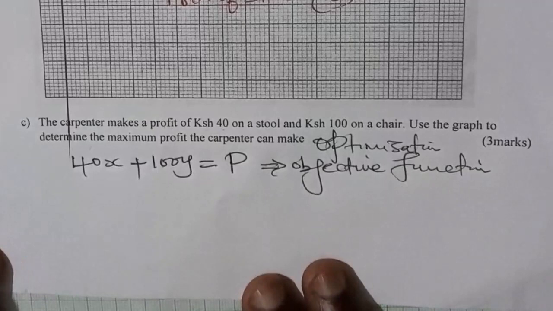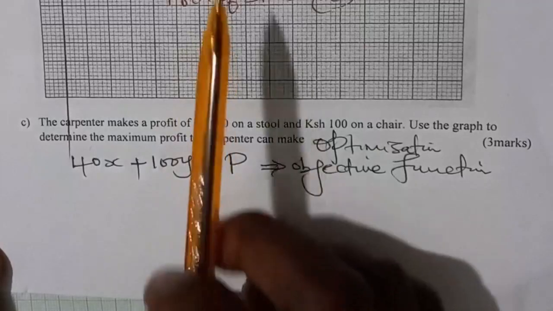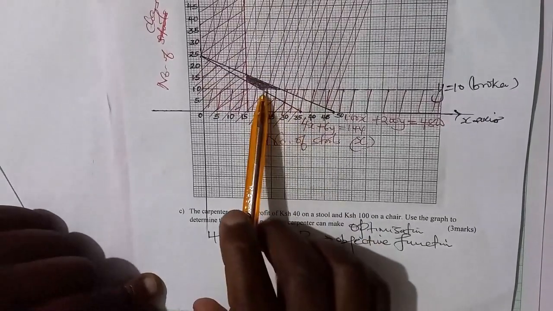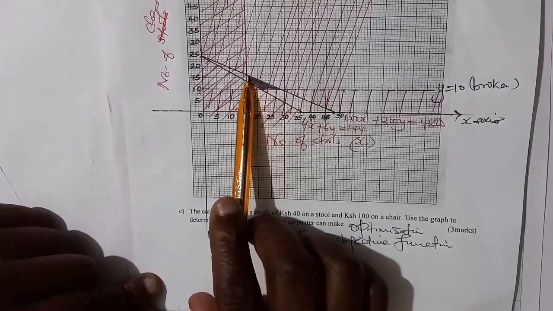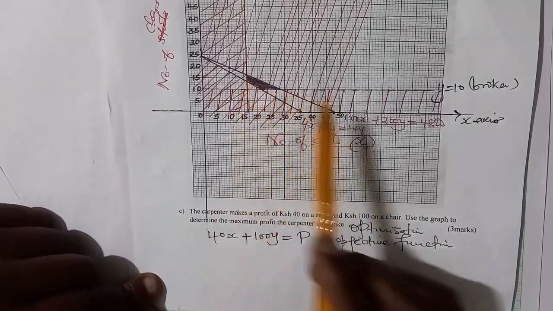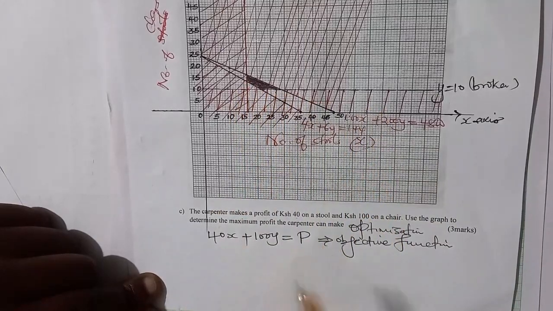Now, how do we use the search line? You can use the inspection method, whereby you pick any points, especially the corner points of this region, and test them. The one that gives you maximum profit, you take as the solution. Another method is where you use a search line. So I'll show you how to use a search line.